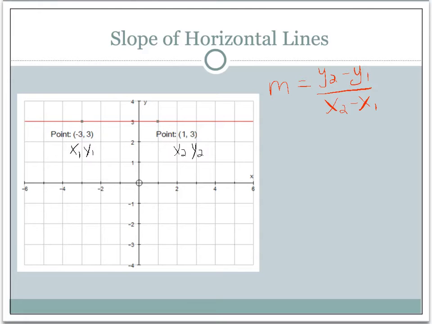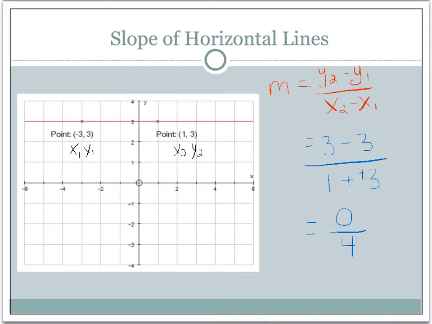So y2 is 3 minus y1 is 3, divided by x2 is 1 minus x1 is -3. So when we simplify this, 3 minus 3 we know is 0, and we know that 1 minus a negative becomes positive, and so we go 1 plus 3 is 4.